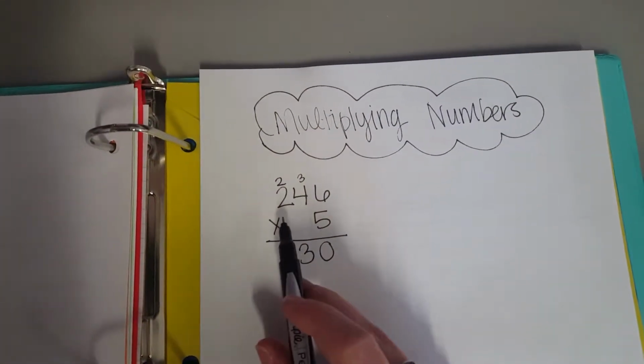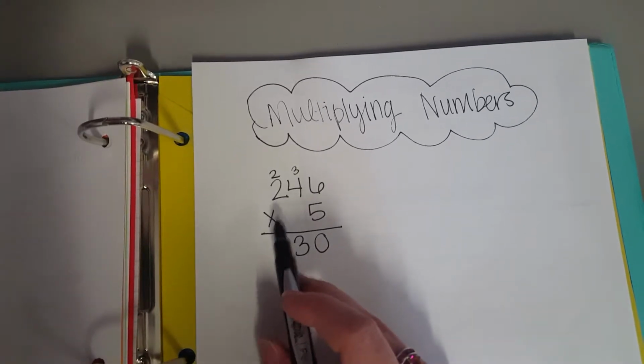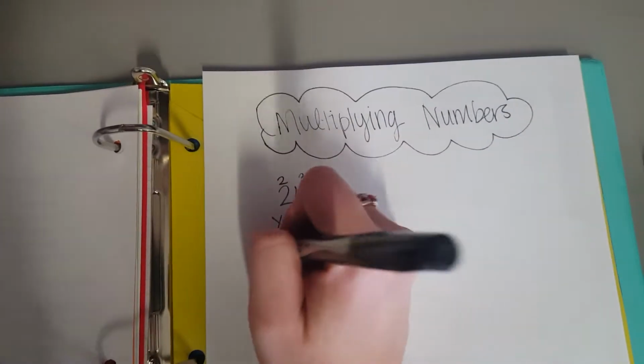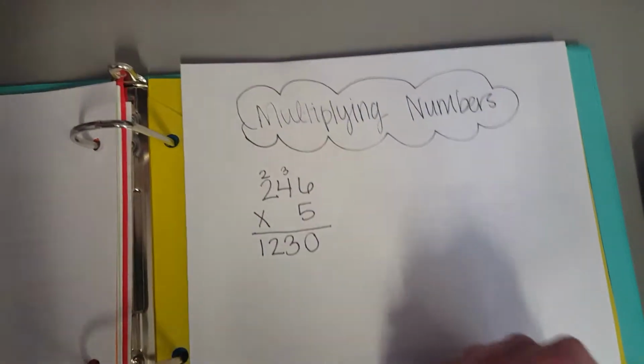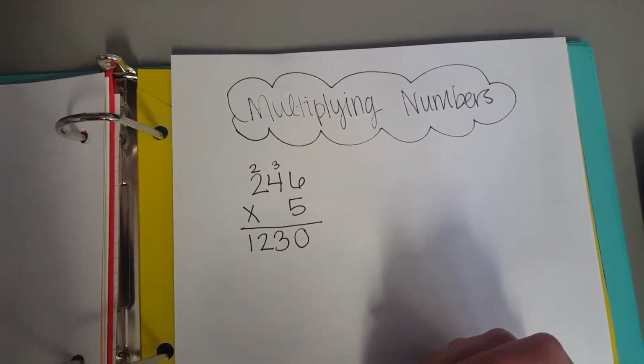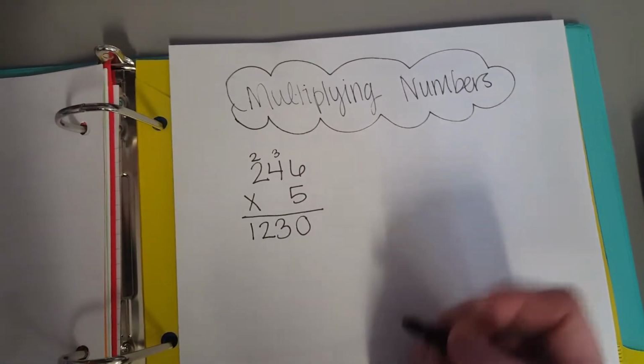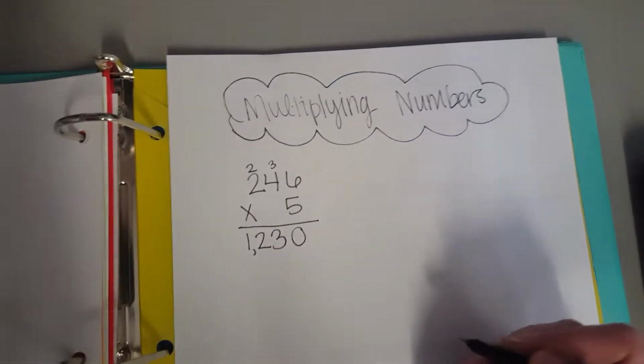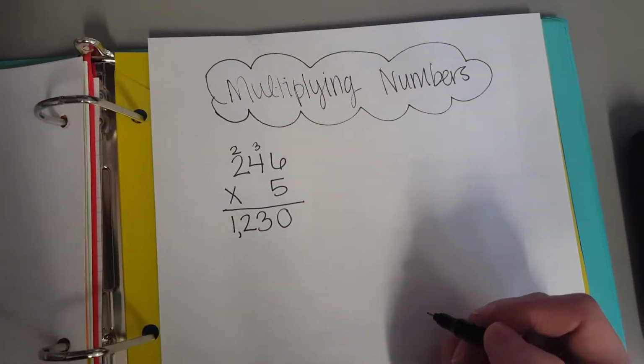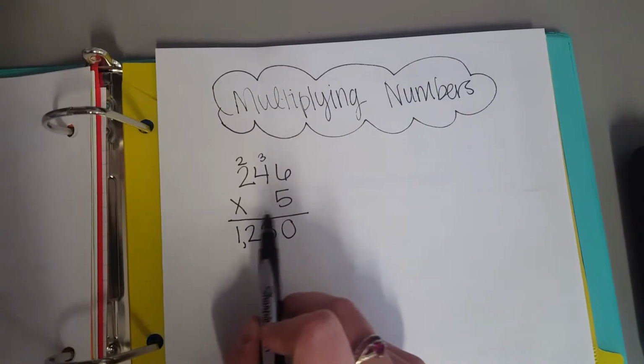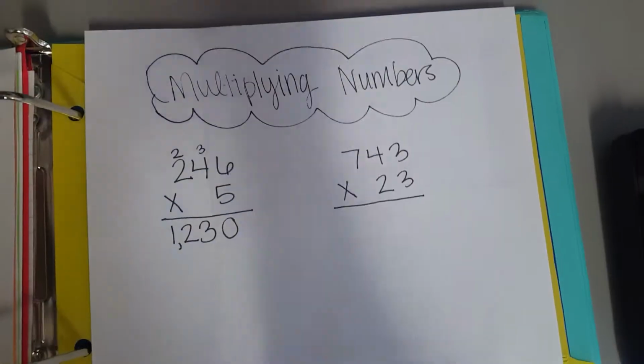And then 5 times 2 is 10, plus 2 is 12. Alright, so make sure you've written that in your notes, and obviously you can pause this video if you need to. So we have 1,230. But let's see what happens when we have 2 digits on the bottom.